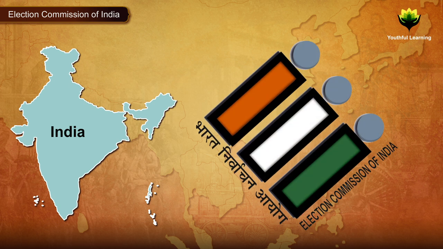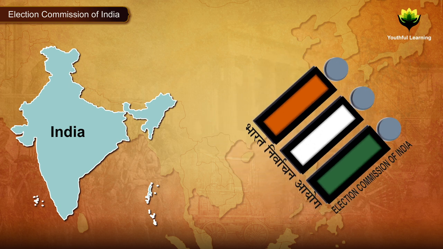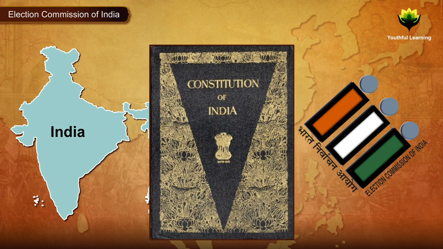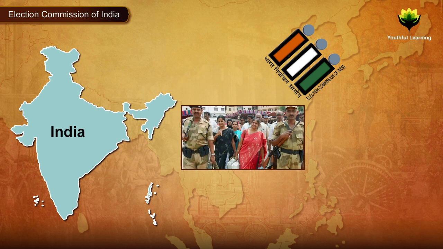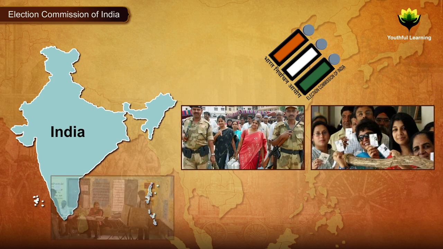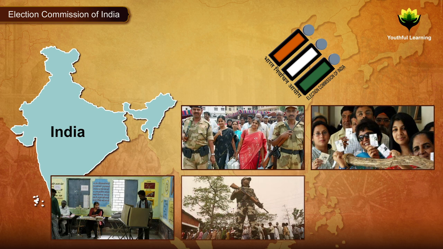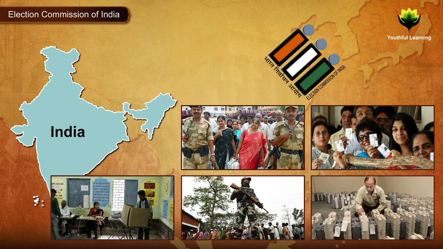Election Commission of India. The Election Commission of India is a constitutional body. That is, it is established under the provisions of the Constitution of India. It has the sole responsibility to supervise, control, and direct the electoral process in India.